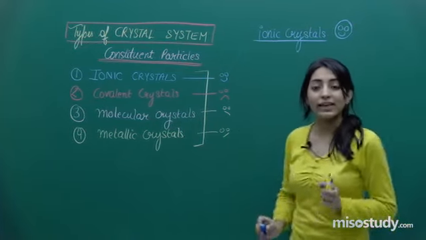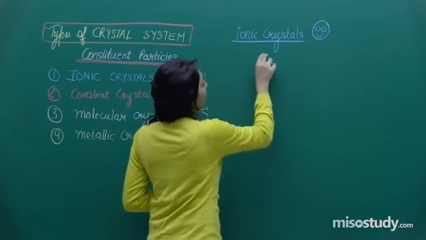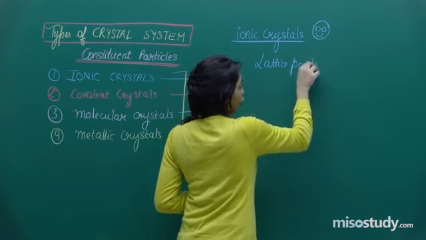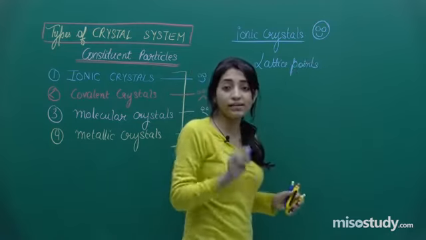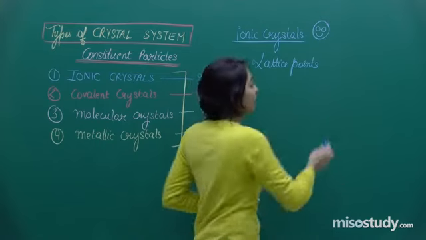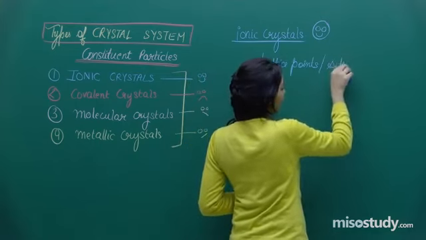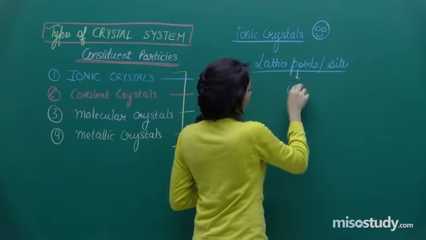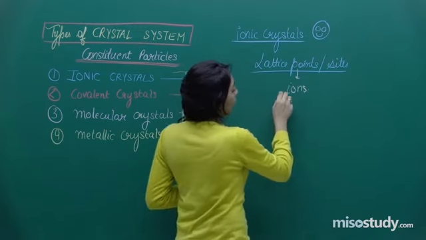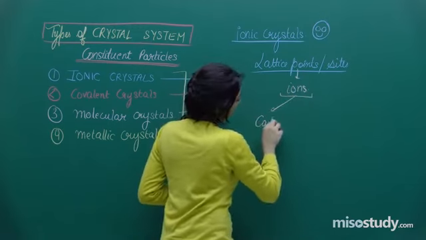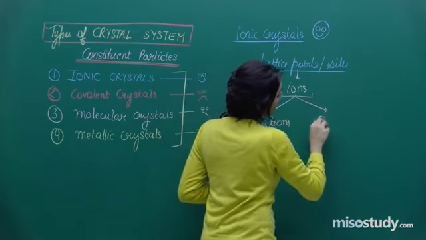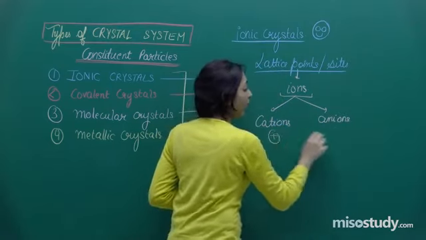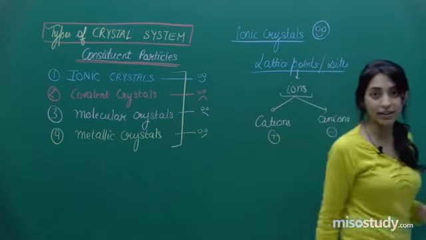In the case of an ionic crystal system, the lattice points, you remember I told you in the last video, the lattice points or the lattice sites, will be made up of ions. Now the ions can be of two types, right? We can have both the cations as well as the anions present in the system, so there will be both positively and negatively charged particles present in the crystal system.